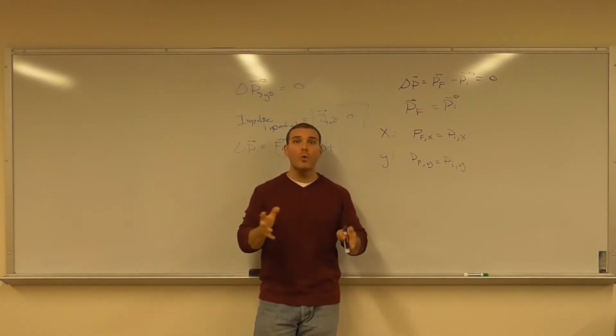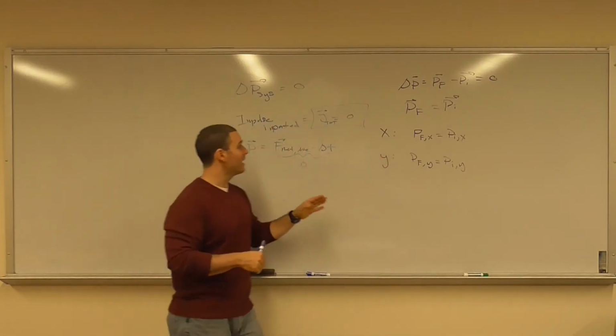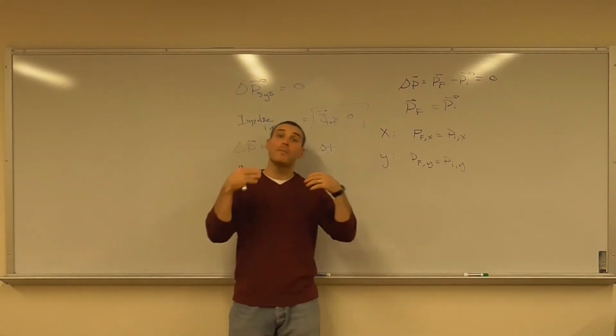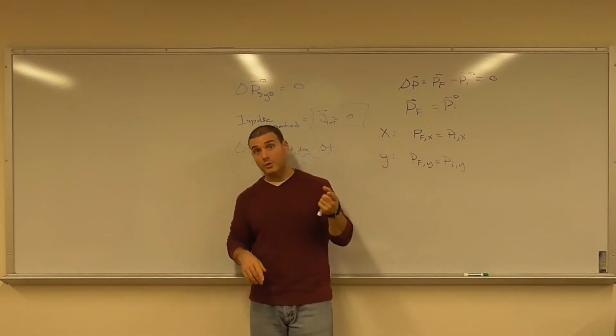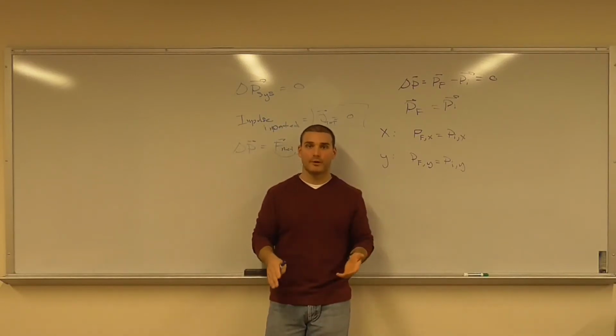Now, I don't want you to memorize equations. The only thing you really have to understand is that this is the condition for momentum conservation, and then you apply vector analysis. The other point that I want to make as you get comfortable with this material is when you think about a collision.